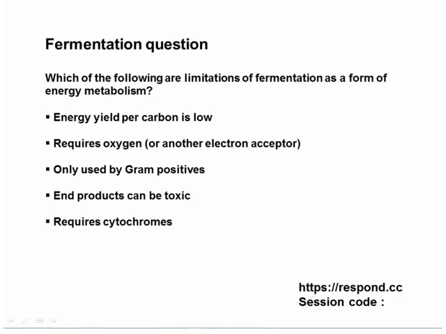We could eat yogurt and we get the energy value from the lactic acid, because we have oxidative energy metabolism. So energy yield per carbon is low, and the fermentation products still retain quite a lot of organic carbon that can be used by other organisms. We can get energy from them.